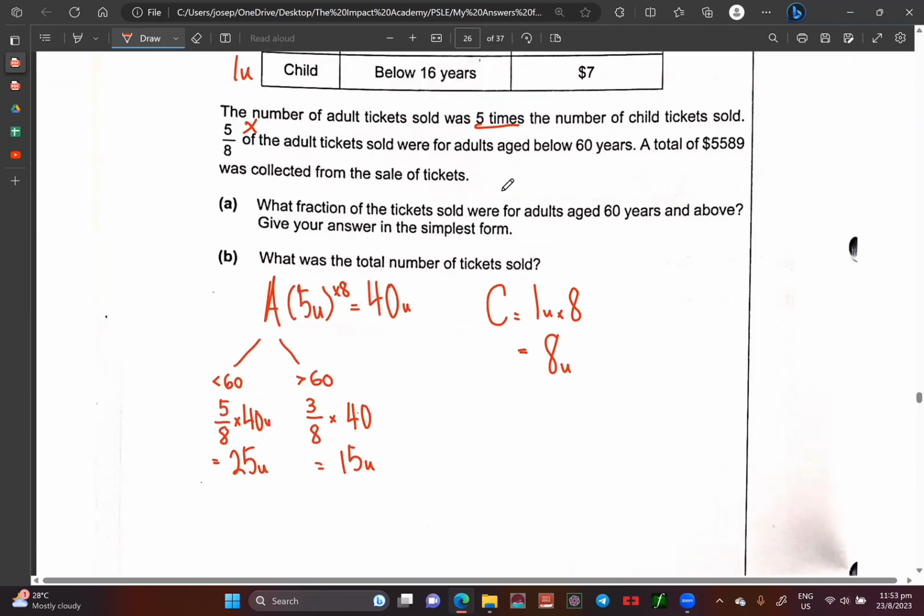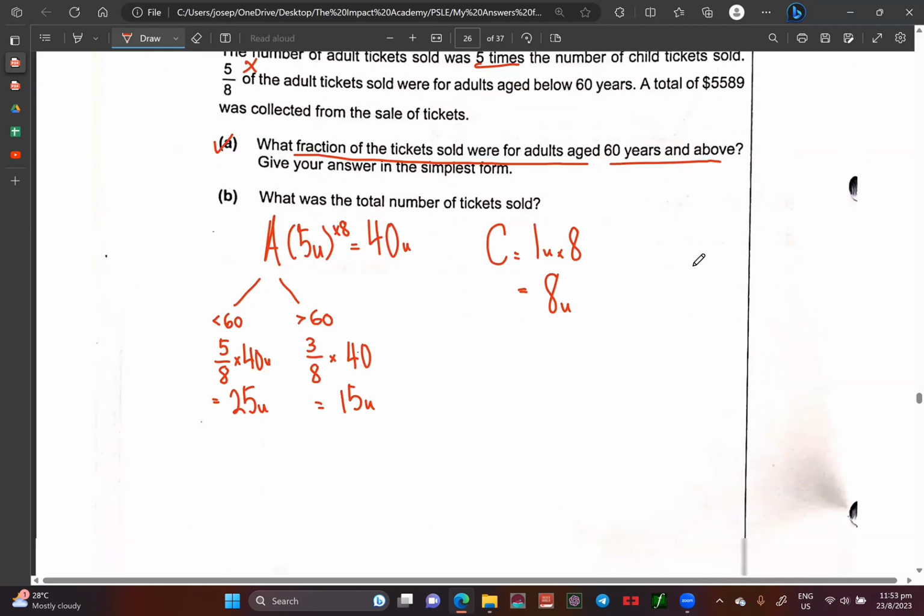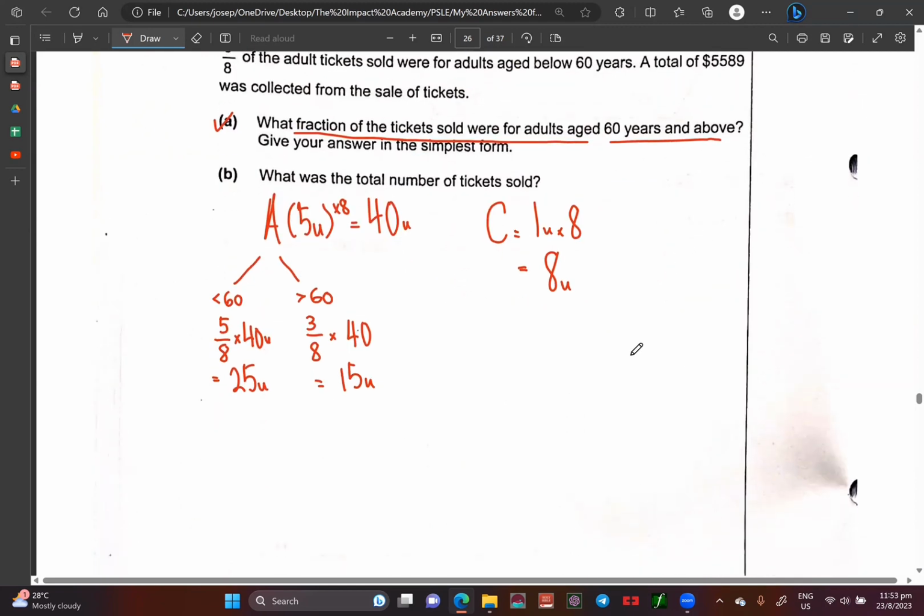But before that, maybe I can answer A. It says, what fraction of the tickets sold were for adults aged 60 years old and above? So for 60 years old and above, we look at this one over here. Let me write it out first: aged 60 and above over total.